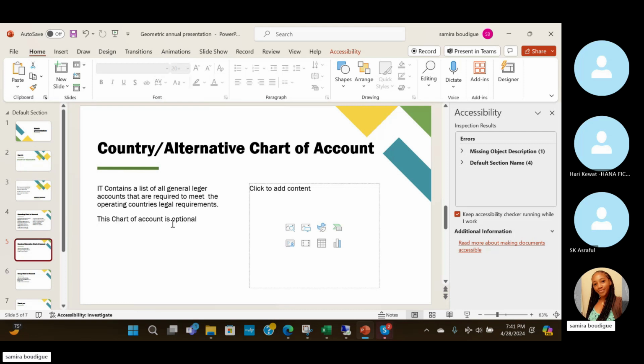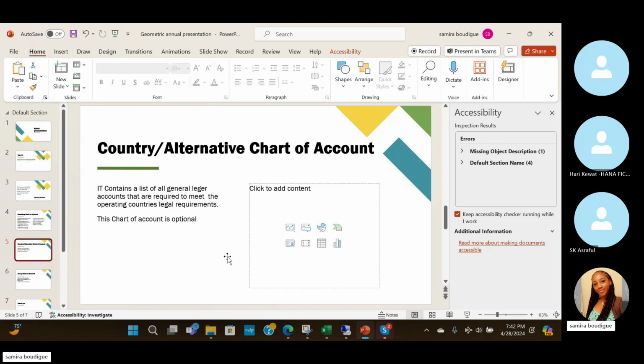The country alternative chart of accounts contains a list of all general ledger accounts that are required to meet the operating country's legal requirement. If the operating chart of accounts does not meet the country's legal requirement, you are obliged to use the alternative chart of accounts.